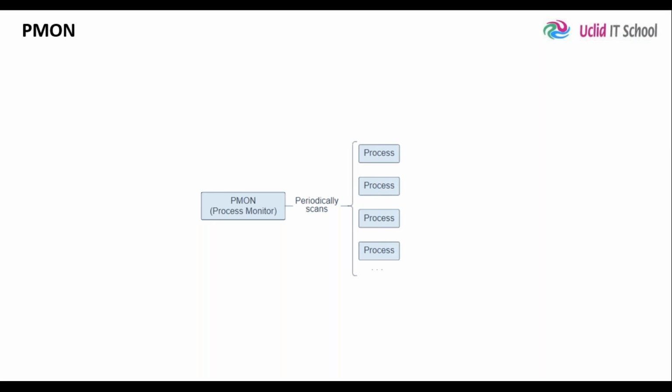Whatever changes you have done, whatever locks your session has obtained, have to be cleaned up and released by somebody in the background. That is nothing but your process monitor. So when a process dies abnormally, it performs a process recovery. Any data modified by that process, and any locks held by that process, will be released by the process monitor. So that is the PMON background process.